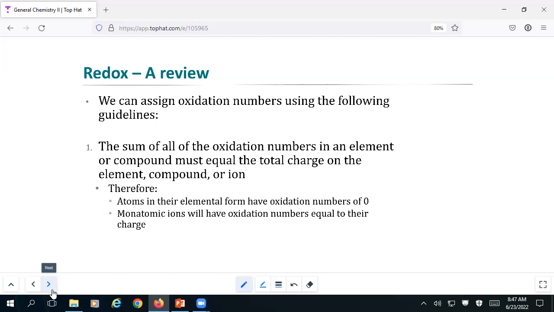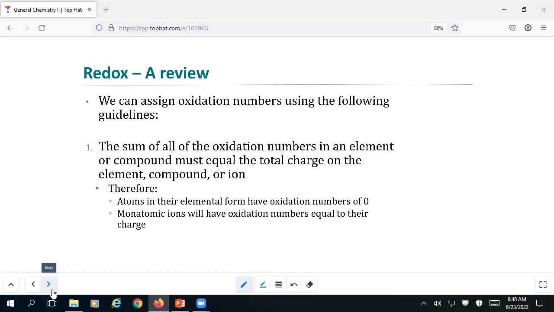So for certain things, that makes oxidation states really easy. If I have elemental chlorine, it has no charge, so its oxidation state must be 0. If I have the iron 3+ ion, well, that's its charge, 3+. That's also its oxidation state.